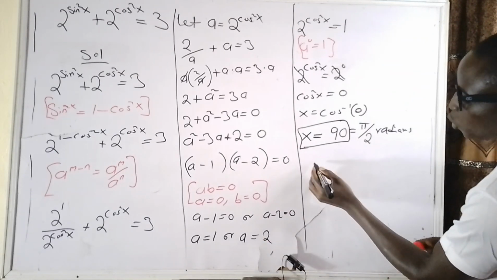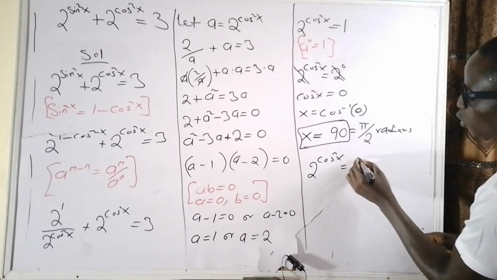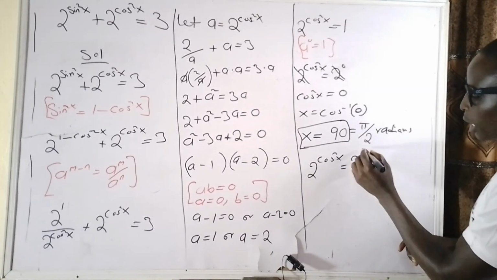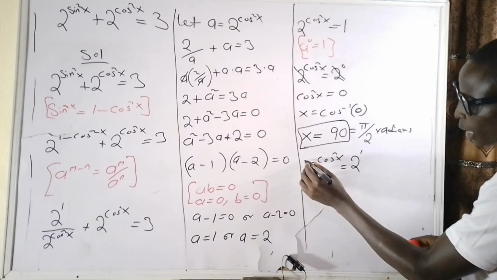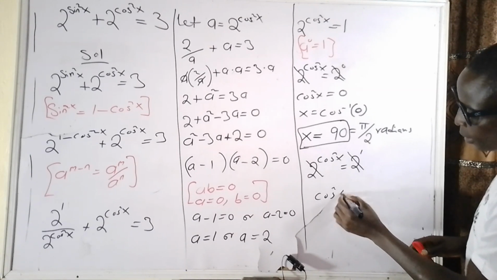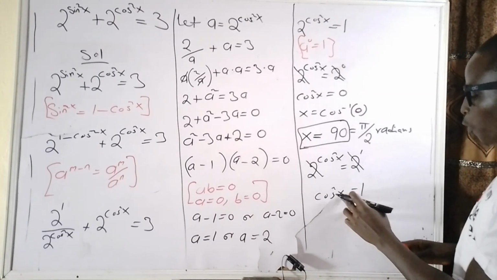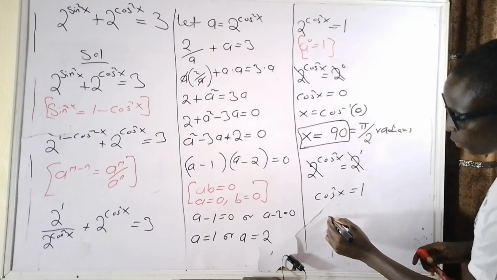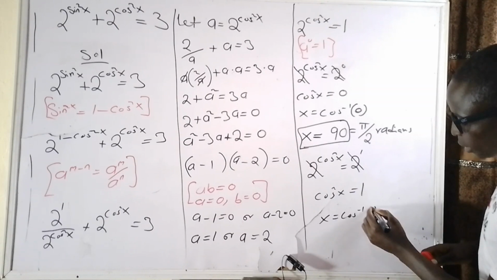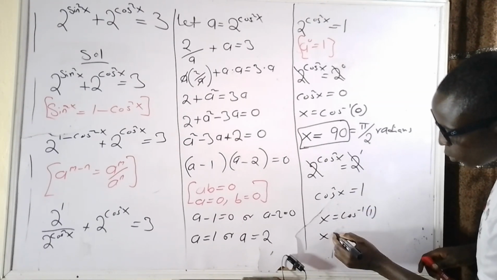And when a is equal to 2, 2 raised to power cos square x is equal to 2. This is the same thing as 2 raised to power 1, so that I cancel the bases. Cos square x is equal to 1. Since I'm looking for x, x is equal to cos inverse of 1, and cos inverse of 1 is equal to 0.